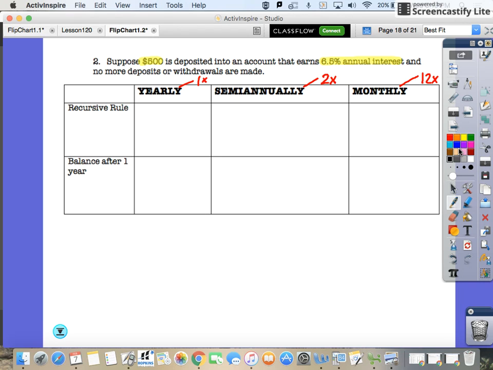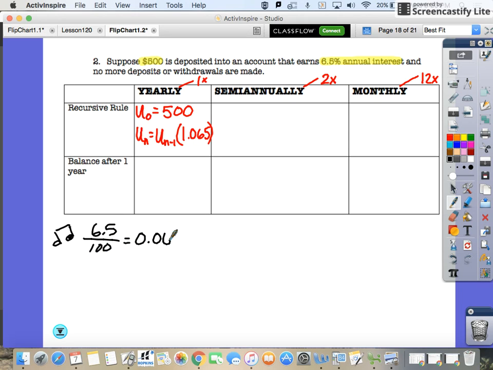So for our recursive rule in the yearly case, we're going to start at u sub 0 because it's money, and that's going to be $500. Then u sub n equals u sub n minus 1 times, in the parentheses, 1.065, because 6.5% as a decimal is 0.065.